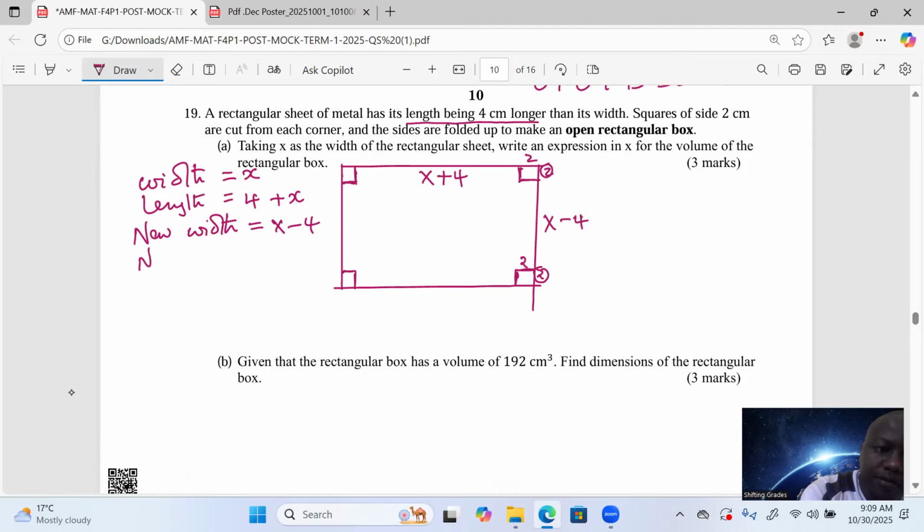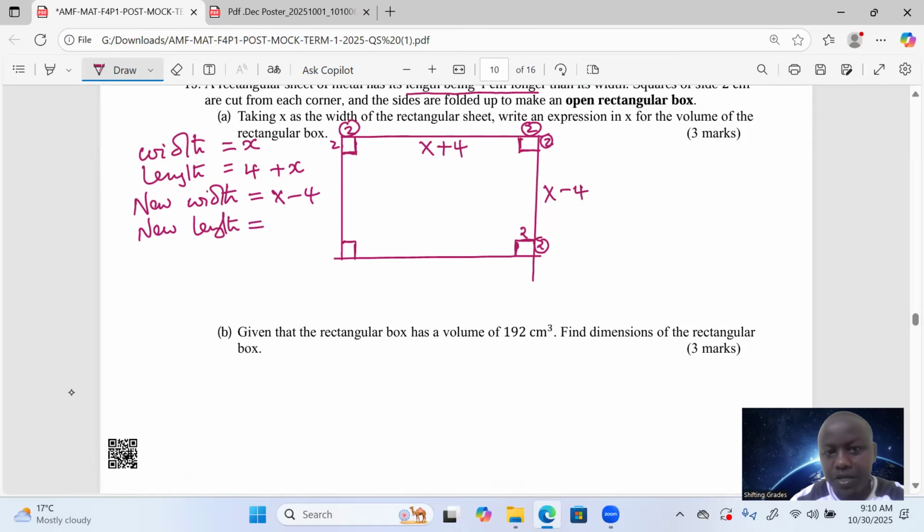The new length: along the length again, this is also a 2 by 2, so we are cutting 2 and another 2, subtracting 4 also. So x plus 4, now we subtract 4 and remain with only x. So we have an expression for the new width and an expression for the new length.